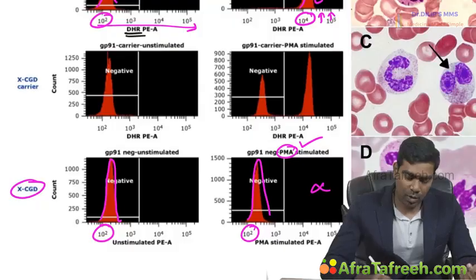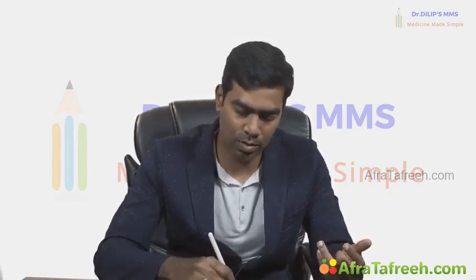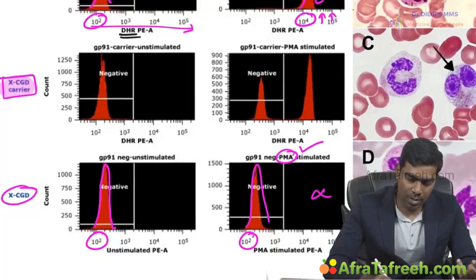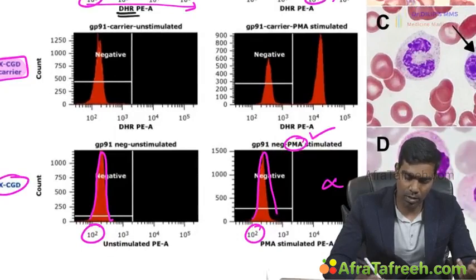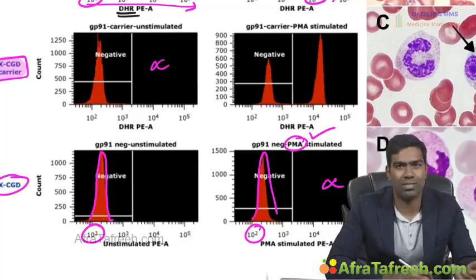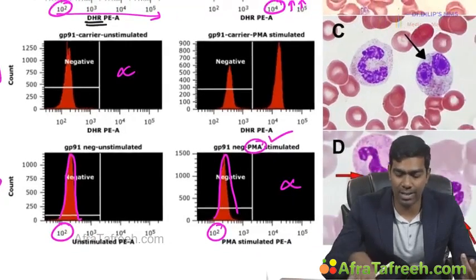And next thing what you are going to see is the carrier state. I told you one of the advantages of DHR, because this cannot be found out in the NBT test. One of the advantages of this DHR fluorescence assay is you can detect the carrier states also. So how can you detect the carrier states? You can see here in unstimulated, obviously there will be no uptake. You don't see anything in unstimulated patients as expected because they have not taken up the DHR yet.